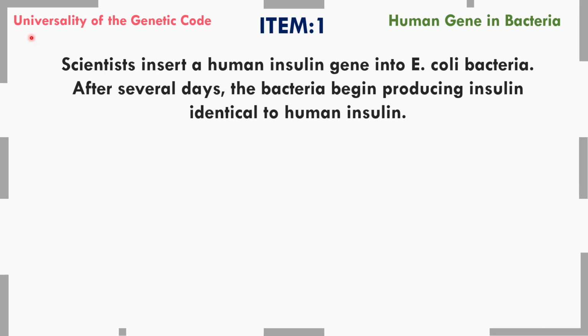We want first of all to look at the universality of the genetic code and then also explore human genes in bacteria. Item 1. Scientists insert a human insulin gene into E. coli bacteria. After several days, the bacteria begin producing insulin identical to human insulin.